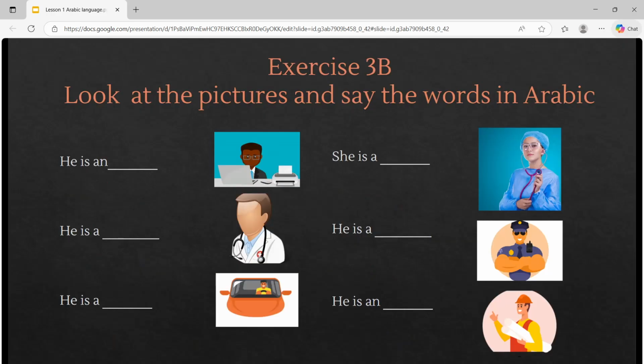Next slide. Same exercise, different vocabularies. So let's look at the pictures again and say the words in Arabic, all right? He is an employee. And how do you say that in Arabic? موظف. He's a موظف. Let me get my pen.